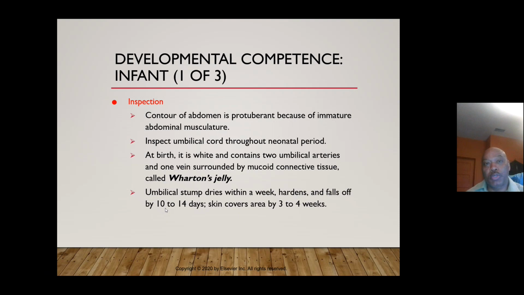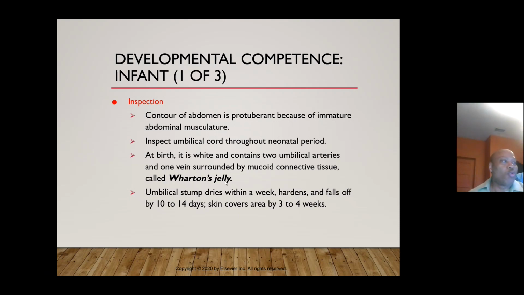And it'll help you when you do your rotation, when you're assessing your infants. So this is more of inspection of the infant's abdomen. We have to think about the contour of the abdomen, which is more protuberant because of immature abdominal musculature. That's why you see that protuberant abdomen in these babies.